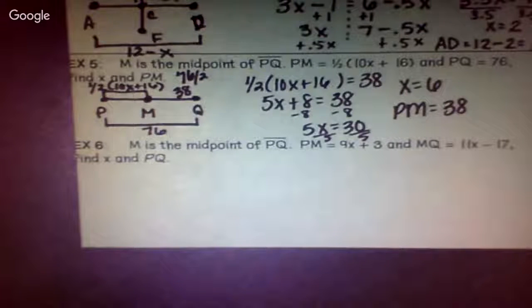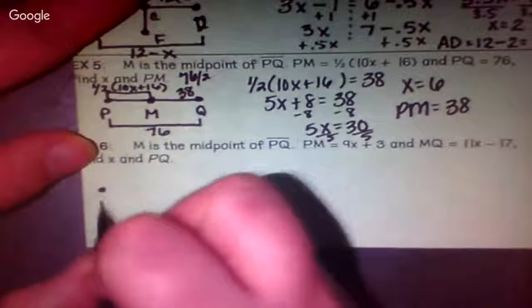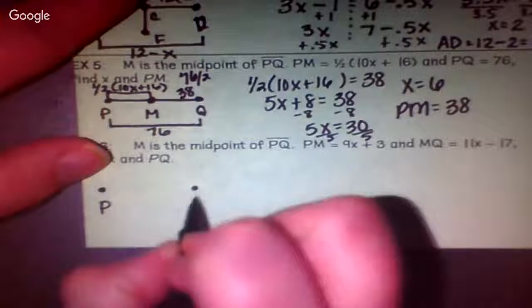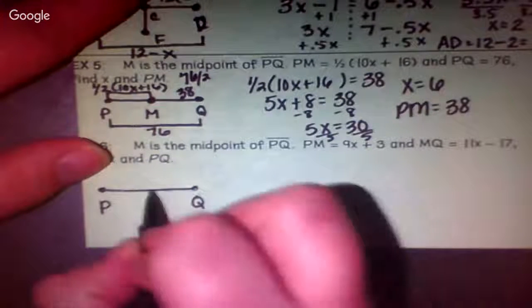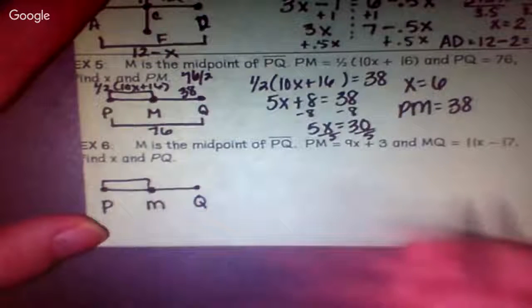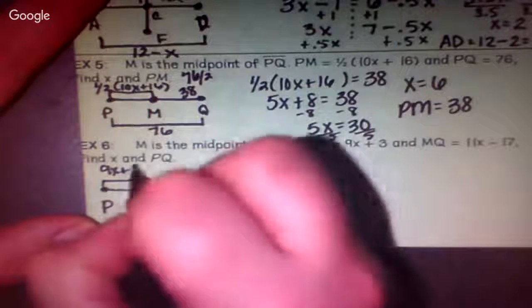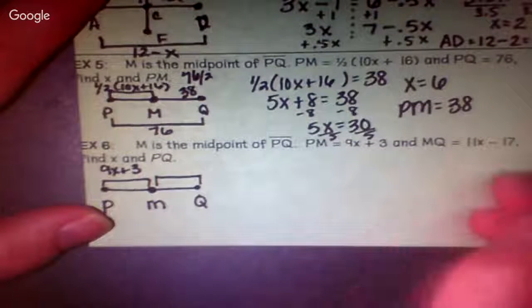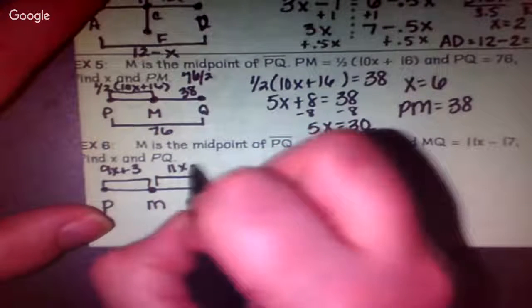Okay, last one. M is the midpoint of PQ. Draw that pretty picture one last time. PQ. And M is your midpoint. This time they tell us that this little section here is 9x plus 3. And from M to Q, we have 11x minus 17.